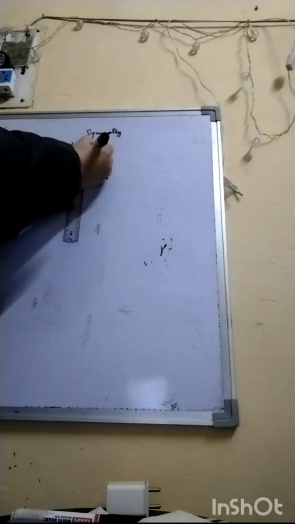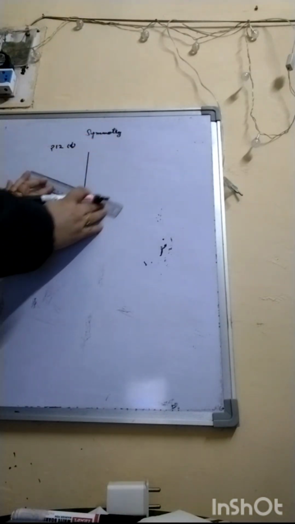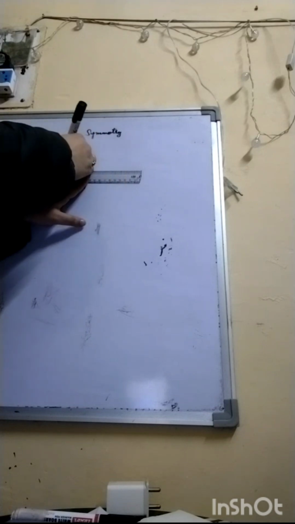Now the line of symmetry you can see is like this.